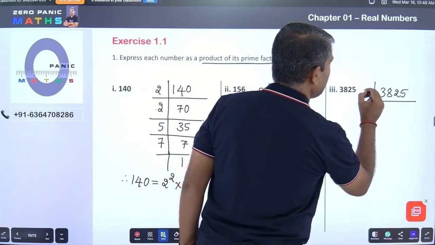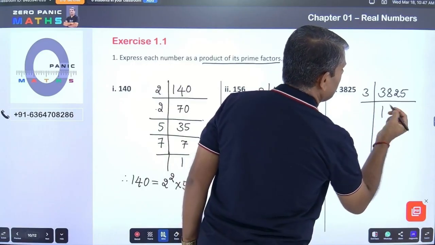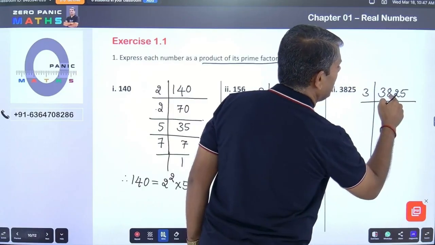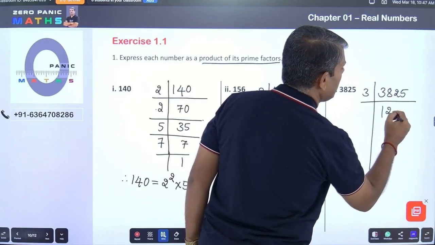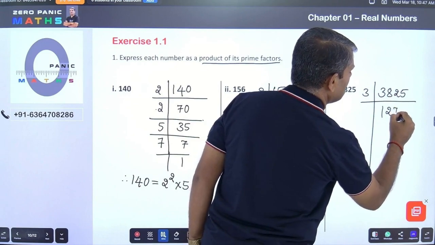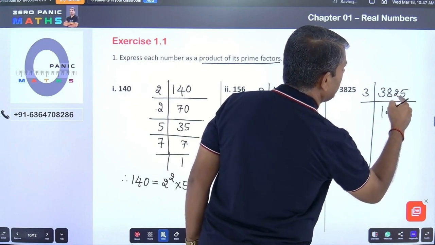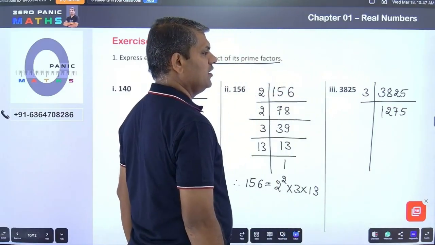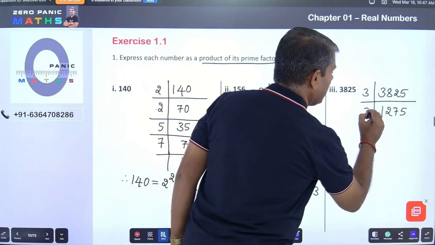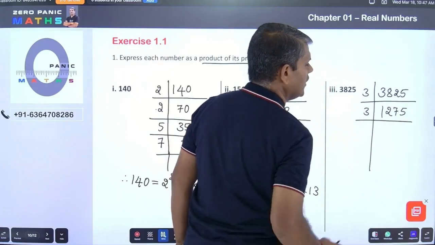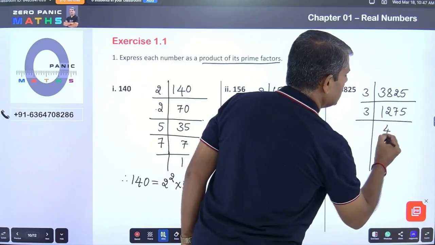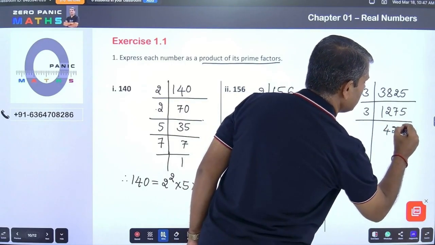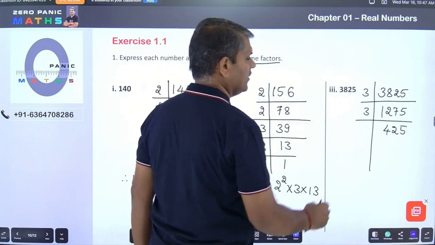Okay, let us try. 3 ones are 3, 3 twos are 6, and 2 remains. 3 sevens are 21, 1 remains, it became 15, and 3 fives are 15. Again I'll take 3: 3 fours are 12, 3 twos are 6, 1 remains, 3 fives are 15.